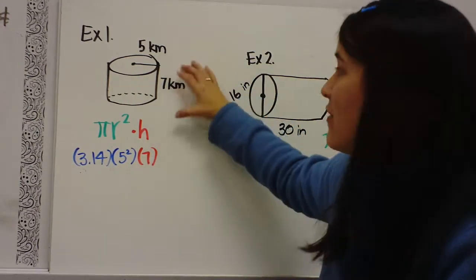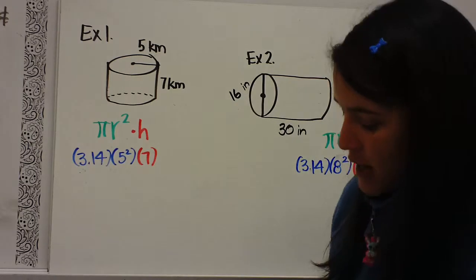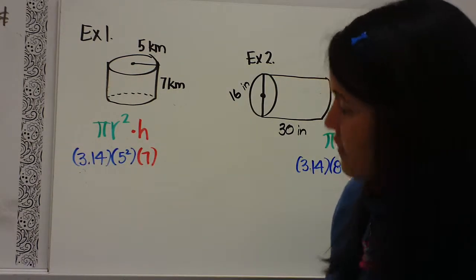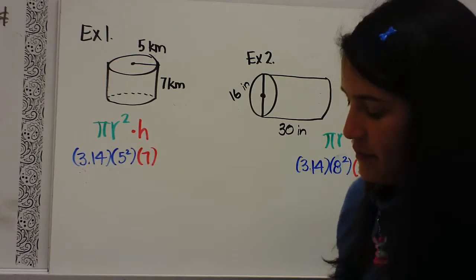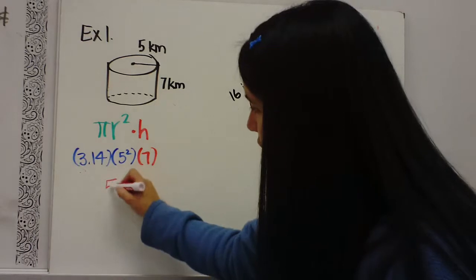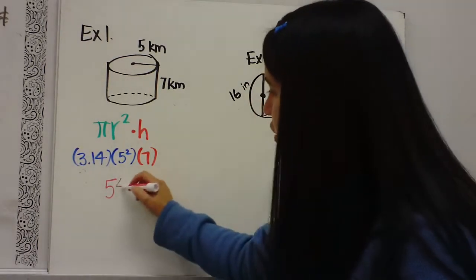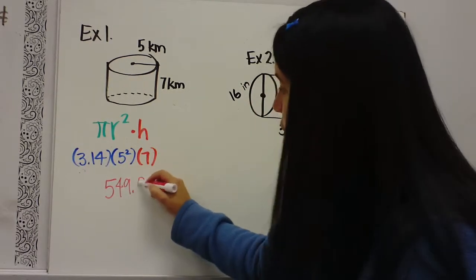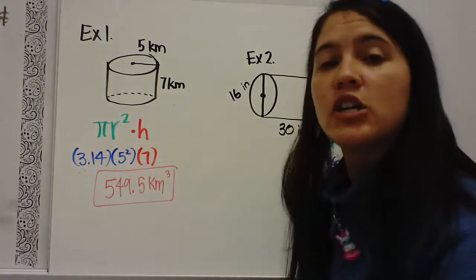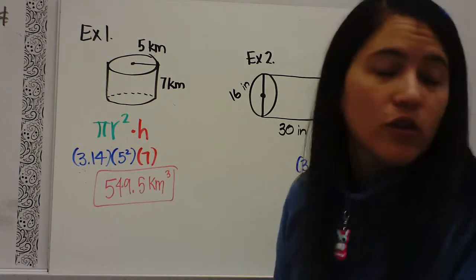It goes up 7 kilometers. When I type that in my calculator, 3.14 times 5 squared times 7, I get 549.5 kilometers cubed because it's cubic units. So it's going to be cubed.